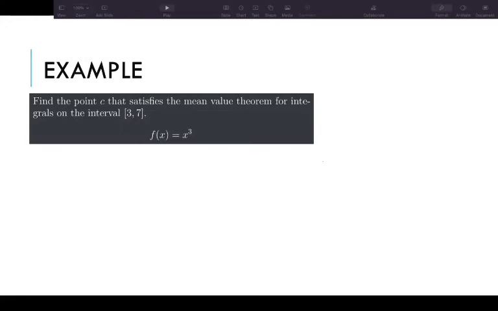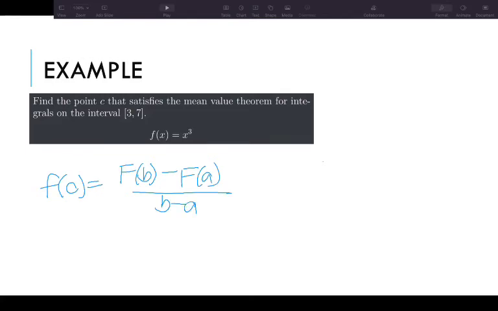We will try another problem regarding the mean value theorem for integrals. So this time, we have the interval [3, 7], and f(x) equals x cubed. So first, we have f(c) equals quantity capital F(b) minus capital F(a) all over b minus a.